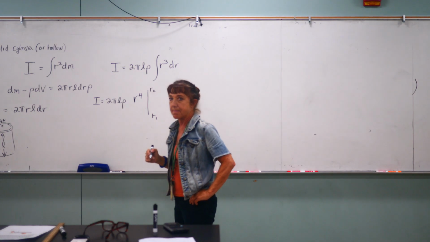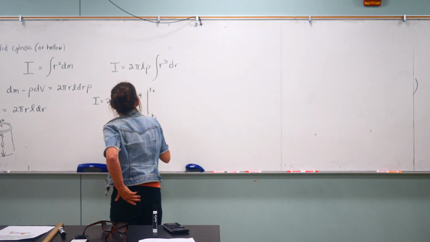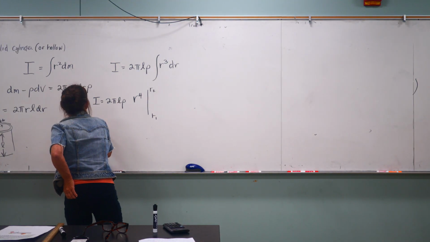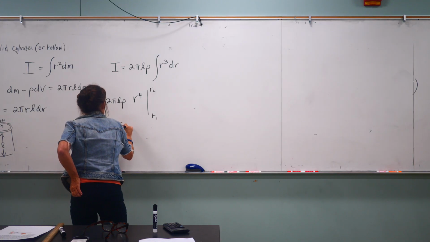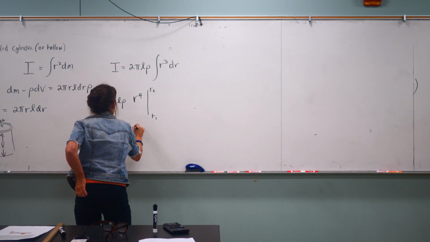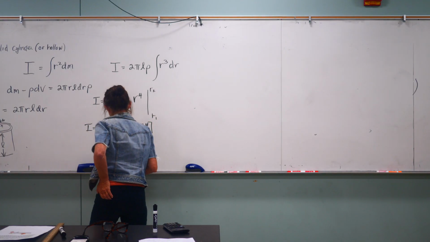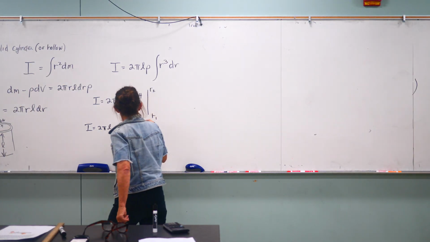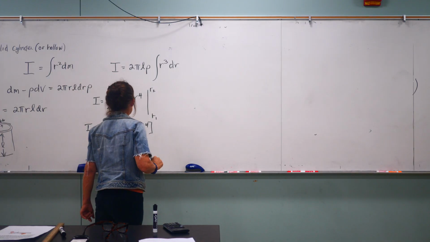So the I is going to be 2 pi L rho times r2 to the fourth minus r1 to the fourth. What happened to the 1/4? Oh, right, okay, 1/4. Thank you.